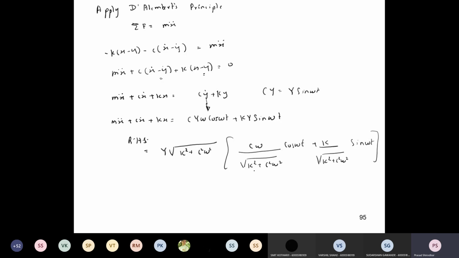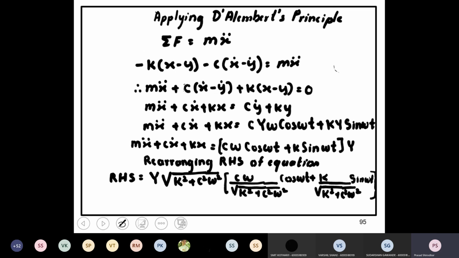Alright. Now these terms which are in the coefficient, I am going to write this as sin alpha, and this one I am going to write as cos alpha.